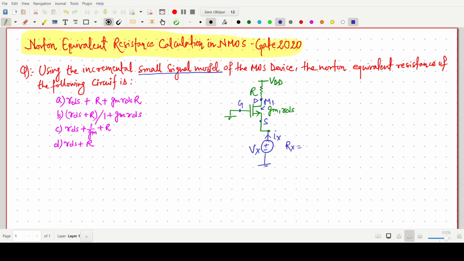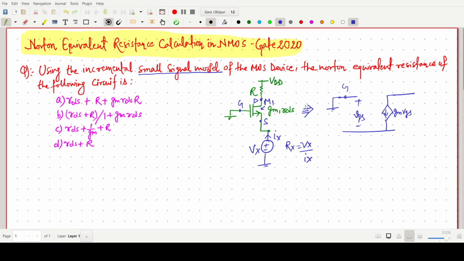Which is basically Vx by Ix. In that case, we have to draw the small signal model of this NMOS MOSFET. We are very familiar with the NMOS, so this should be our gm VGS. This is our gate, and the gate is connected to ground, so we have to make it ground, and this voltage is nothing but simply VGS.